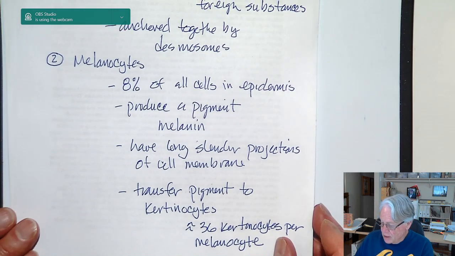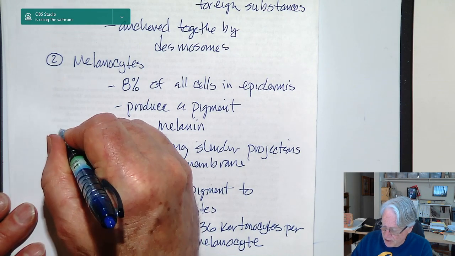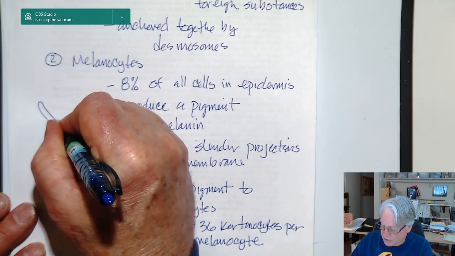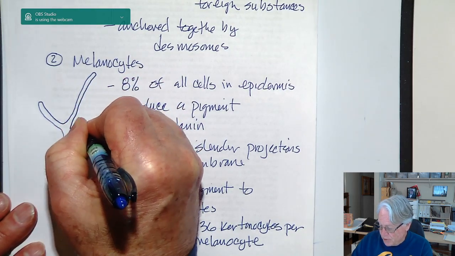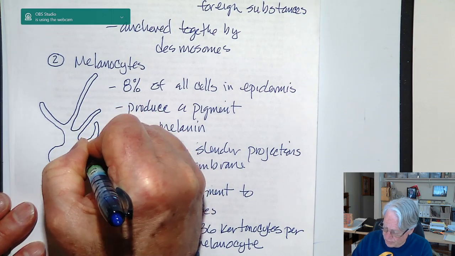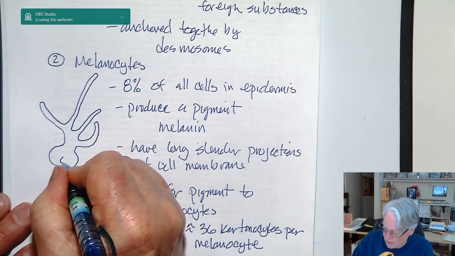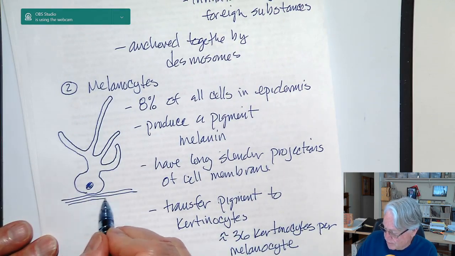Okay. So when we look at this cell sitting by itself, it has these long, slender projections of the cell membrane like this. Okay. Here's my basement membrane.